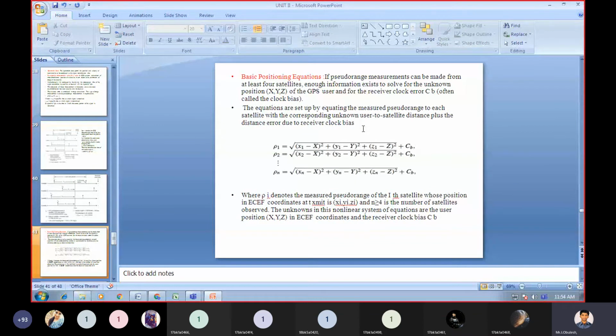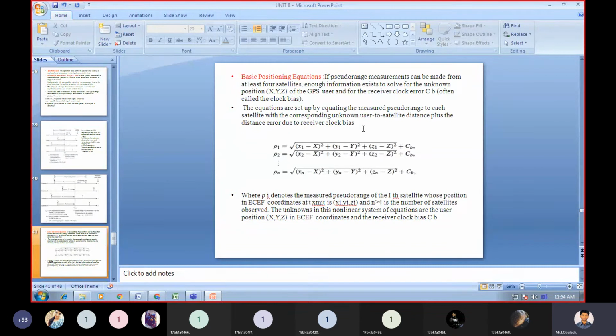The equations are set up by equating the measured pseudo range to each satellite with the corresponding known user to satellite distance plus the distance error due to receiver clock bias: rho 1, rho 2 and so on.